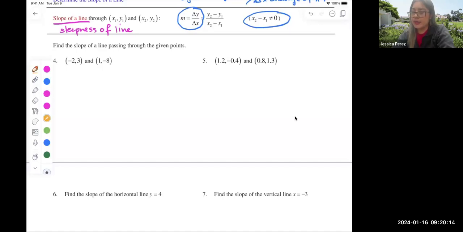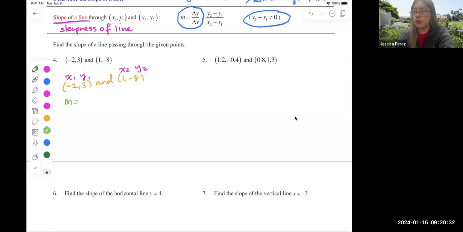The first thing we want to do, remember when we were finding the distance, we were labeling points, and that's exactly what we're going to be doing right now. So I'm going to label this as x1, y1, and this is x2, y2. Now I'm using a formula where m defines the slope, which is y2 minus y1 over x2 minus x1, the change in y over the change in x. Then I'm going to substitute -8 as my y2 term minus 3 for the y1, over x2, which is 1, minus -2.